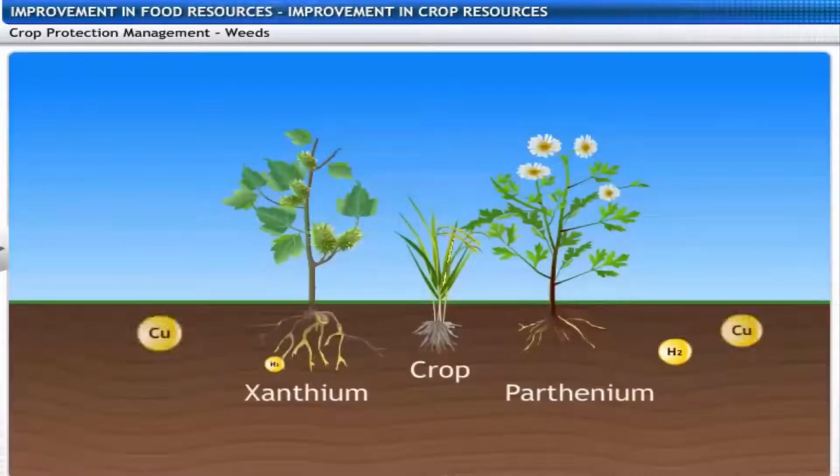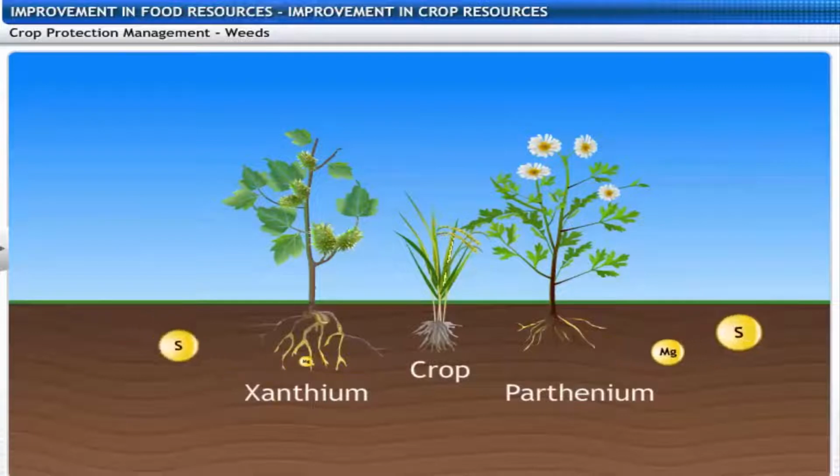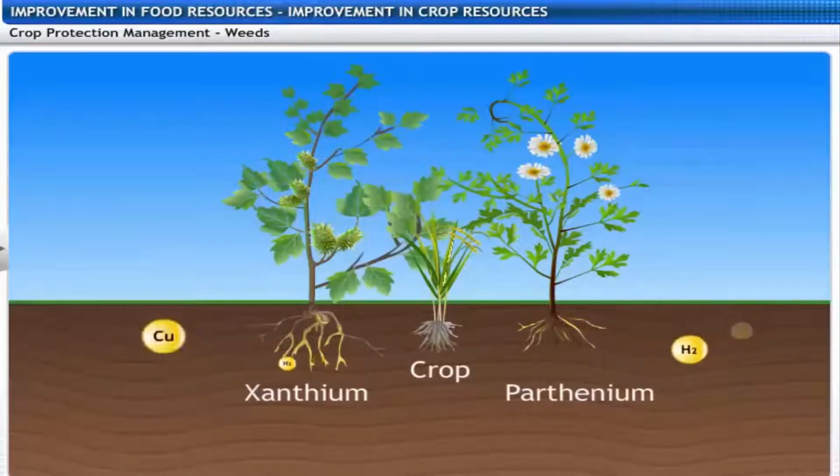Weeds like Xanthium, Parthenium, and Cyperus rotundus are unwanted plants in the crop field. They compete with the crop plants for food, space, and light, and finally reduce crop growth.